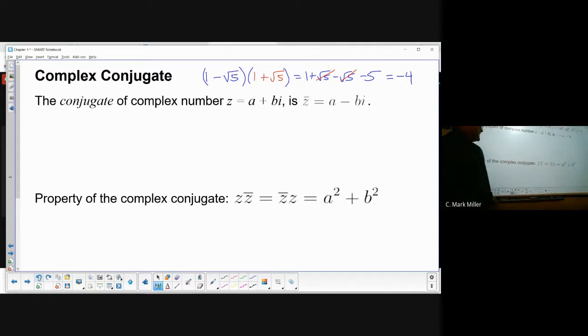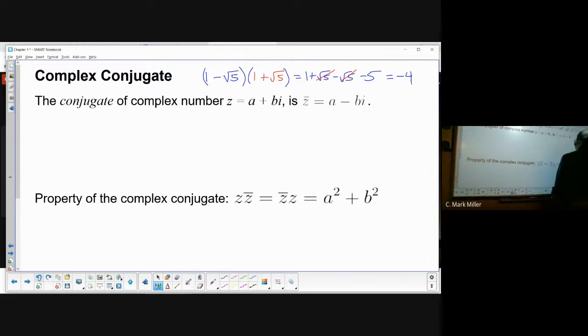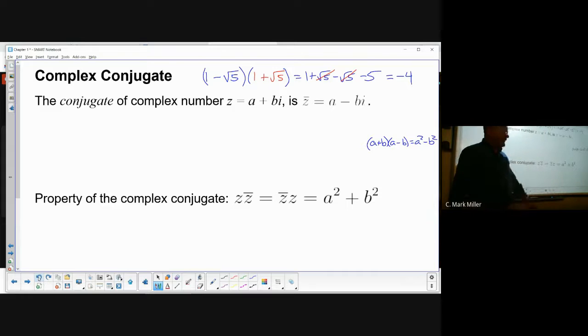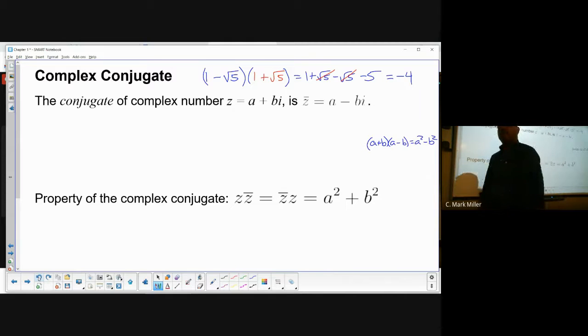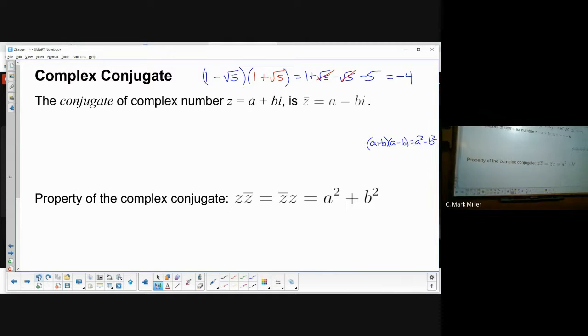So I should put this over here somewhere. Like if you had a plus b times a minus b, this equals a squared minus b squared. That's a fundamental property. And if you FOIL this out, you'll see that the cross terms cancel. That's why. Just like here. We're about to use this property.